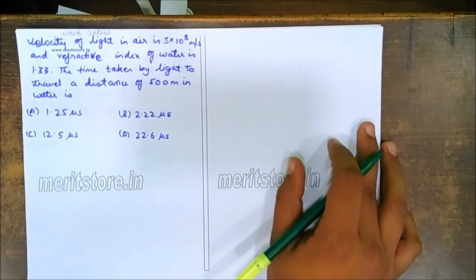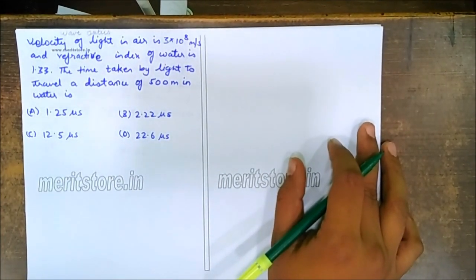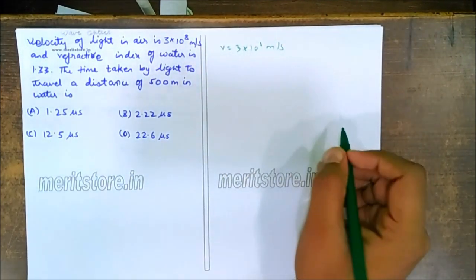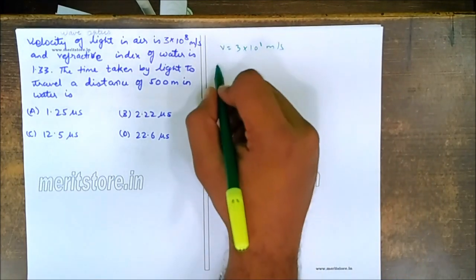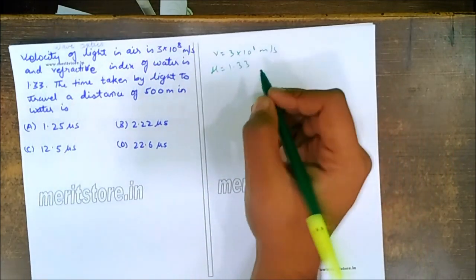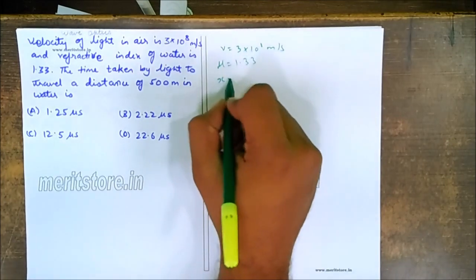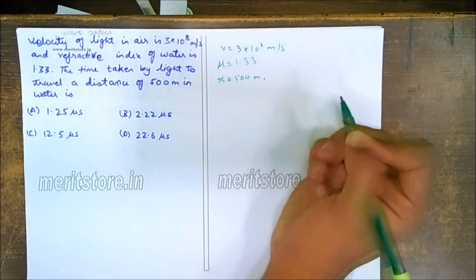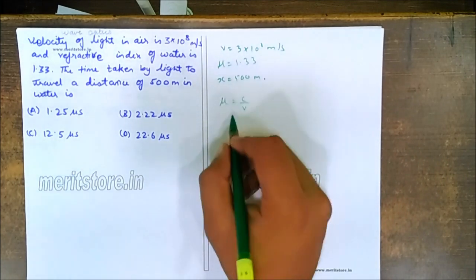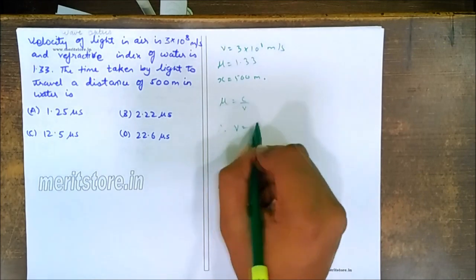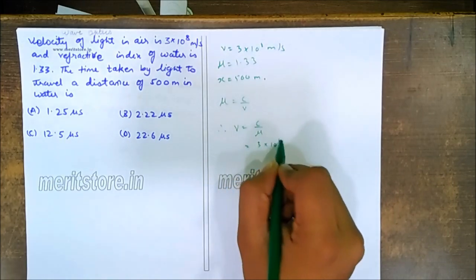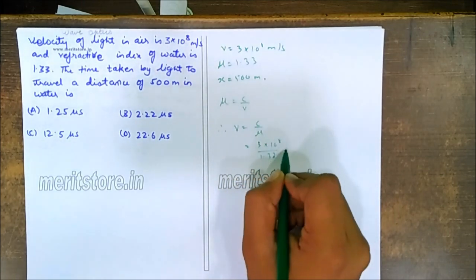The next question, velocity of light in air is 3 into 10 raised to 8 meter per second. So we have c is equal to 3 into 10 raised to 8 meter per second, and the refractive index of water is 1.33. So mu is 1.33. The time taken by light to travel a distance of 500 meter in water. So x is equal to 500 meters. We all know that mu is equal to c by v. Therefore v is equal to c upon mu. So that is 3 into 10 raised to 8 upon 1.33.